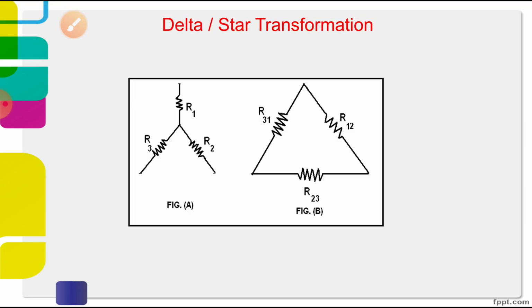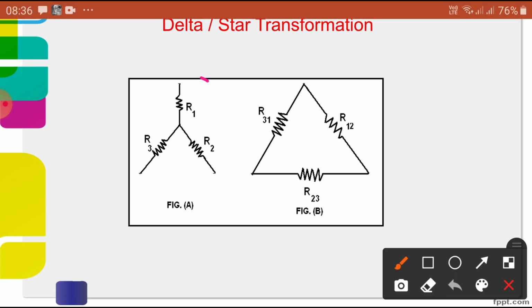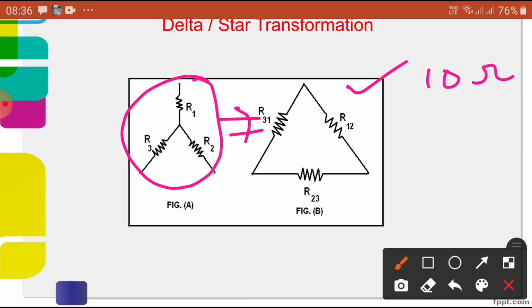You can see here. So, if a star is given in the circuit, suppose a star is given, I want to convert to the equivalent value of delta. The resistances, for example, R1 is 10 ohms, R2 is equal to 20 ohms and R3 is equal to, for example, 40 ohms.